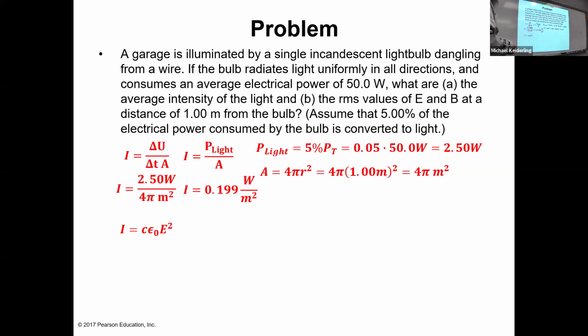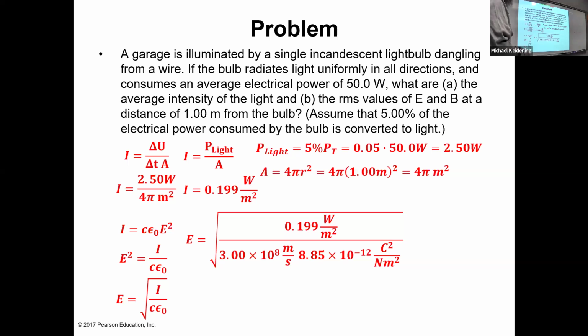Intensity is equal to the speed of light times epsilon naught times the electric field squared. The electric field squared is intensity divided by the speed of light times epsilon naught. So the electric field is the square root of that.